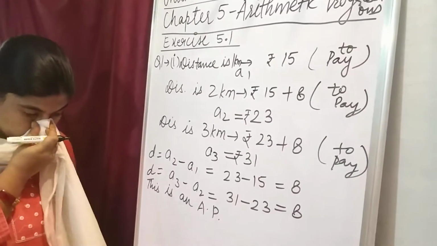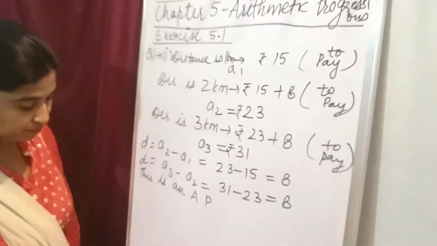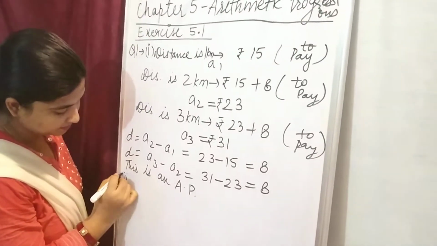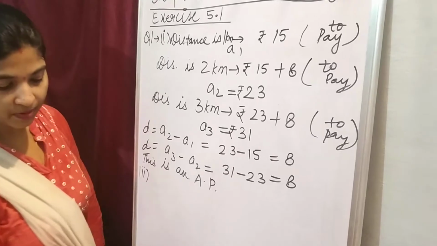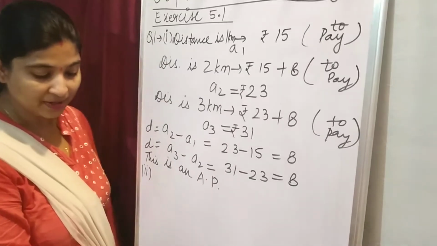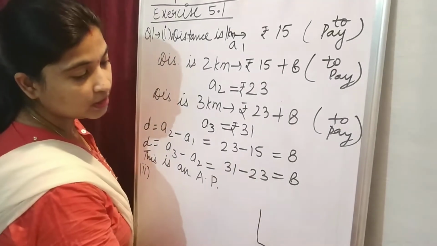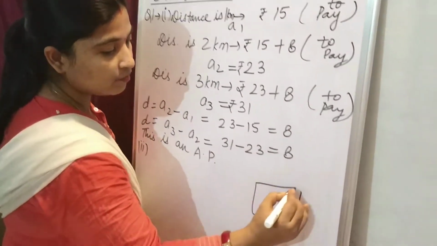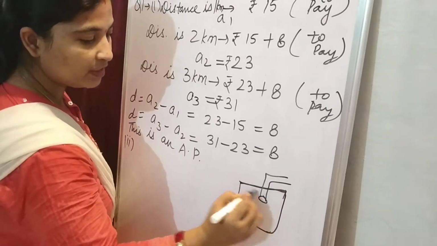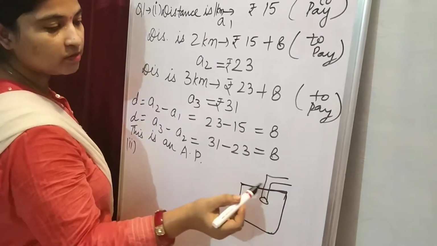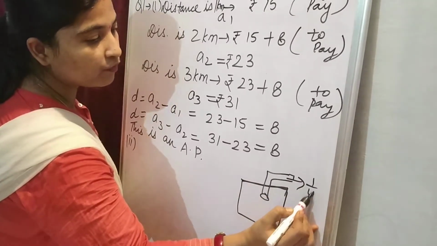Okay. Now the second part we have to see. What is it? The amount of air present in a cylinder when a vacuum pump removes 1/4 of the air remaining in the cylinder at a time. Okay, what it is doing: there is a tank in which some gas is there. There is a vacuum pump we have fitted in this, and this vacuum pump is removing 1/4 of the air.